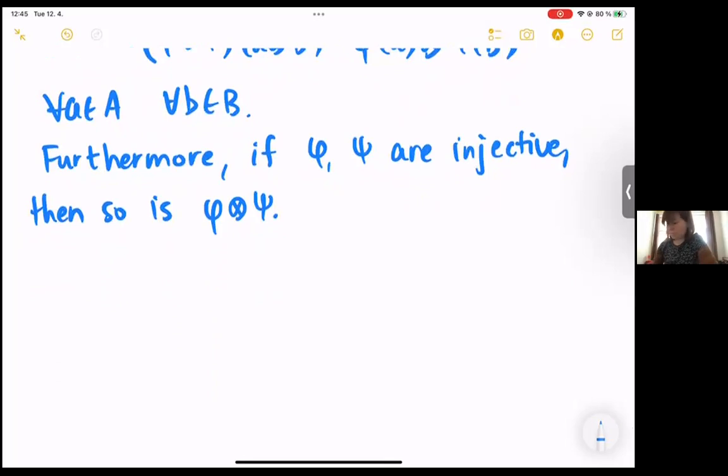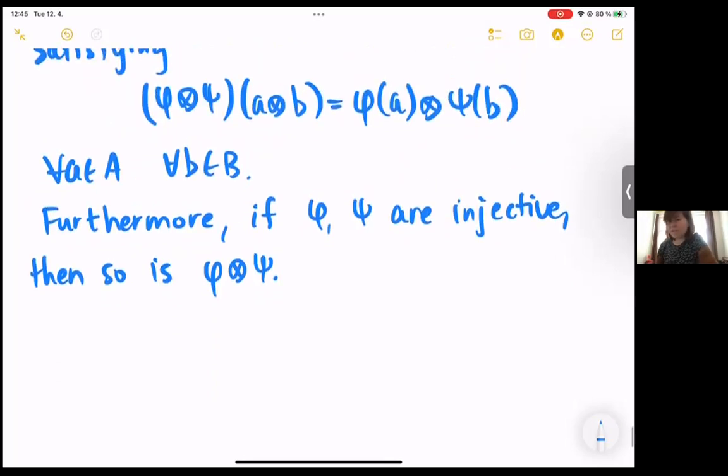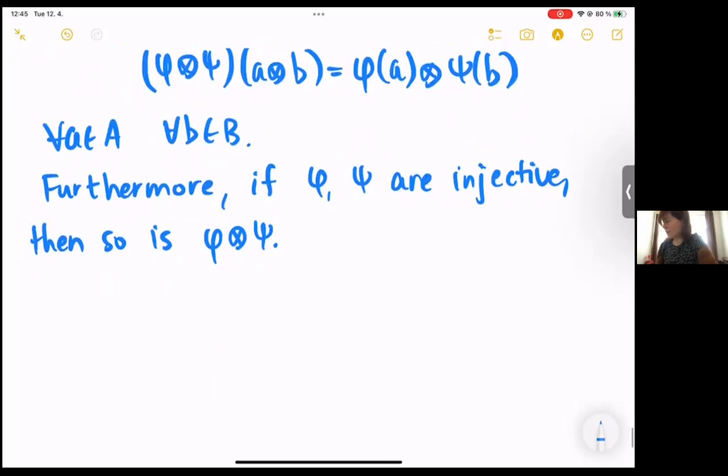Okay, so again, we saw that this is true for the algebraic version.